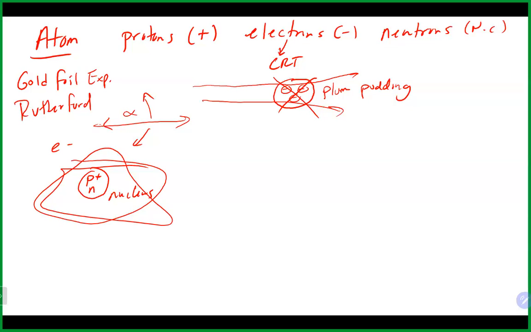There is attraction between the electrons and the nucleus, because electrons are negatively charged and the nucleus is ultimately positively charged, even though it also has neutrons. The only thing that has a charge in the nucleus is the protons. That's what keeps electrons around, so they don't just fly off. There is some attraction to the nucleus that keeps all of them from leaving.